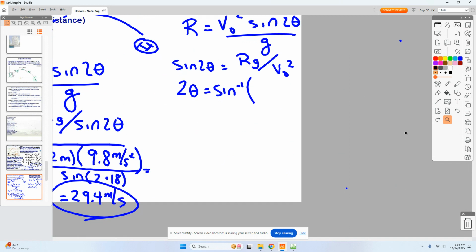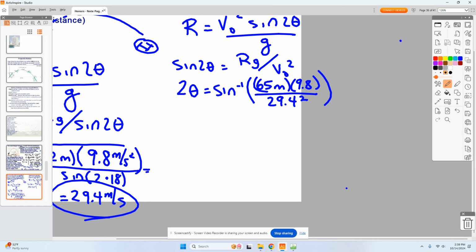Lifting it up so people in the back can see. I don't remember these numbers. Is it 65 meters? 65 meters. G is a positive 9.8. V naught was that 29.4, and I have to square that.